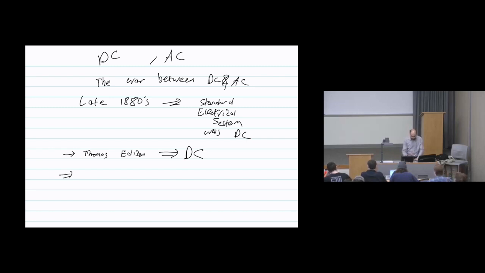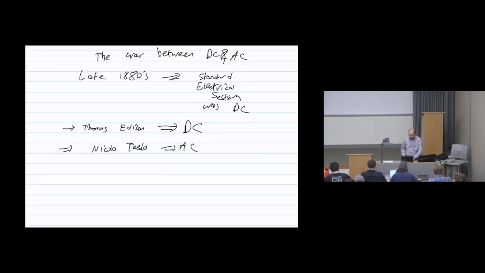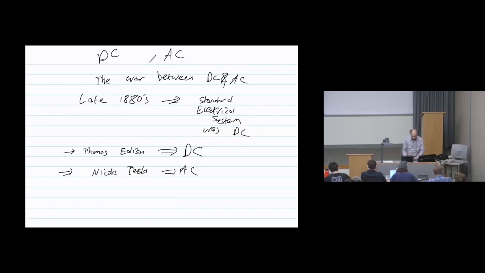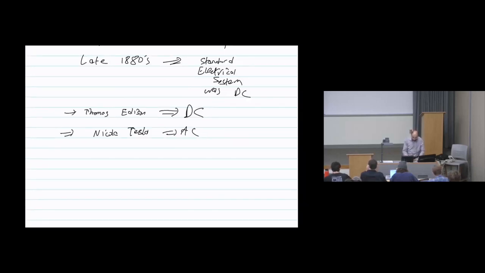Then Nikola Tesla invented the AC, and he said AC has more benefits than DC. What are the benefits of AC over DC? Basically, we realized some problems or limitations in DC.